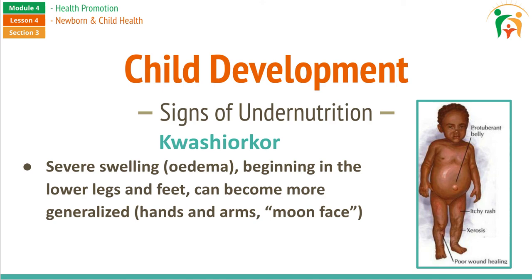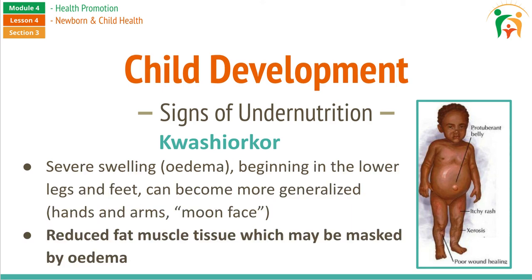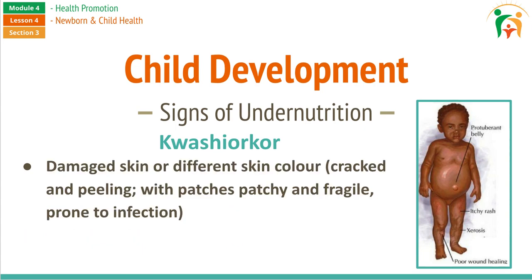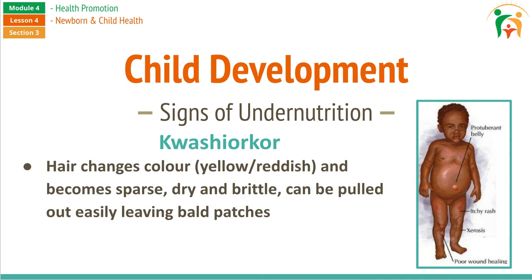Signs of undernutrition: kwashiorkor. Severe swelling, edema, beginning in the lower legs and feet, can be more generalized to the hands and arms, and they have a moon face. They have reduced fat and muscle tissue, which may be masked by edema. They have damaged skin or different skin color, cracked and peeling, patchy and fragile, prone to infection.